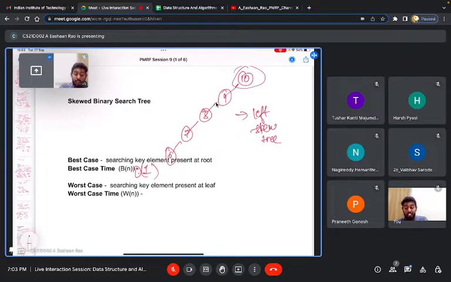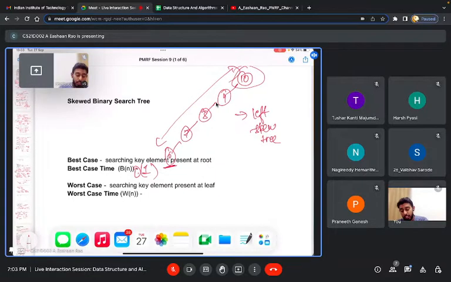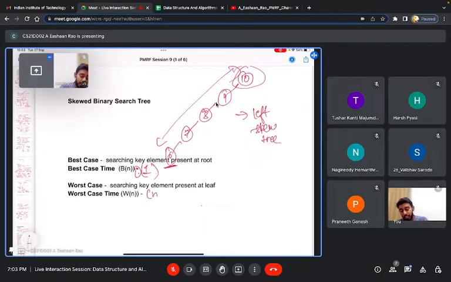But the worst case time is actually n, because if there are 5 elements in this skew tree, you have to go through all the 5 elements to find the number 6, if that's the key you're searching for. So here the case would be order of n, and you can represent it with any of the notations.